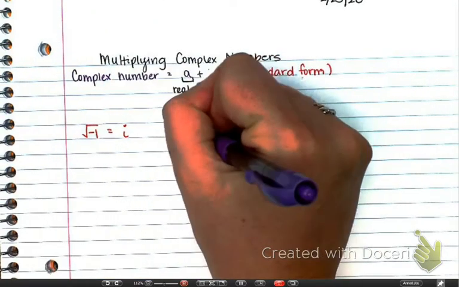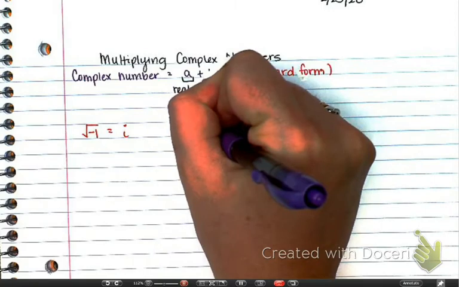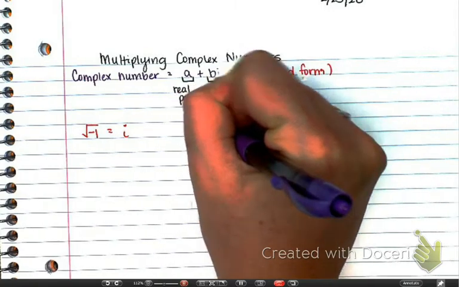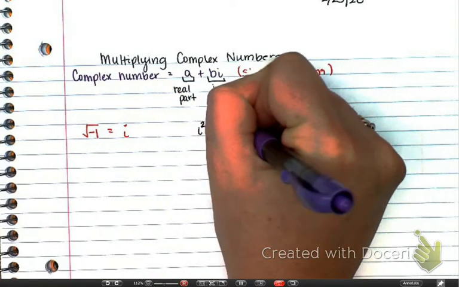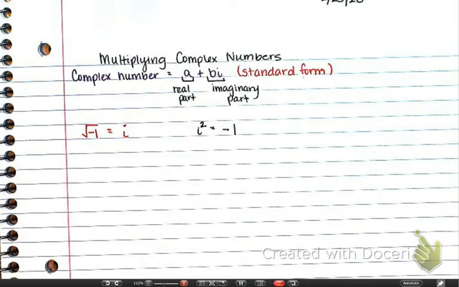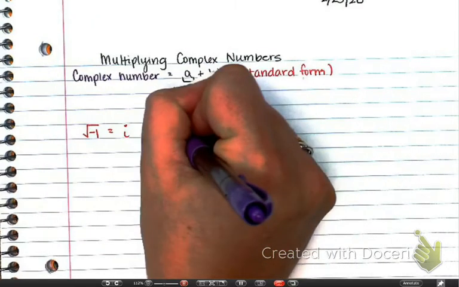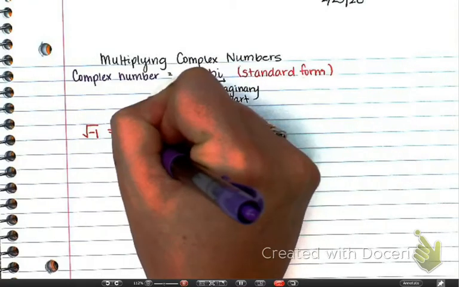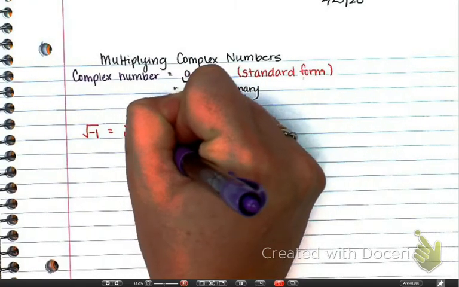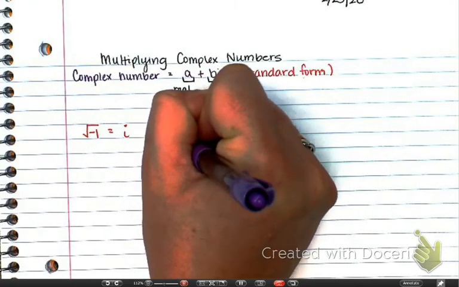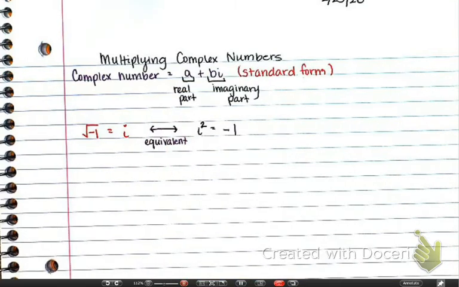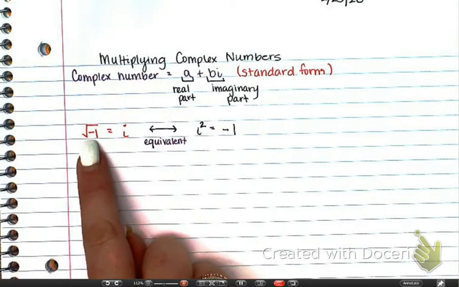What if I give you this statement? I squared equals -1. Are these two statements equivalent? Meaning, are they the same? How do I get rid of a square root?